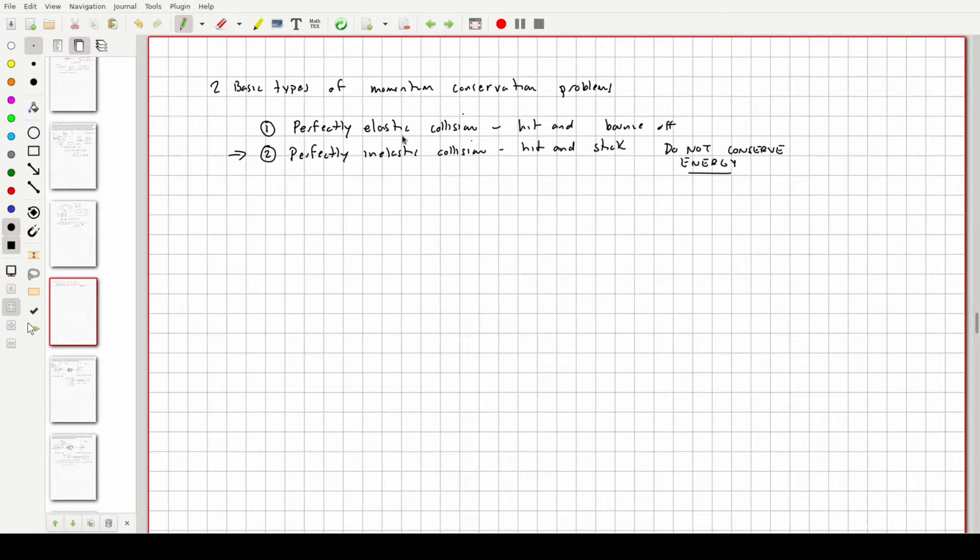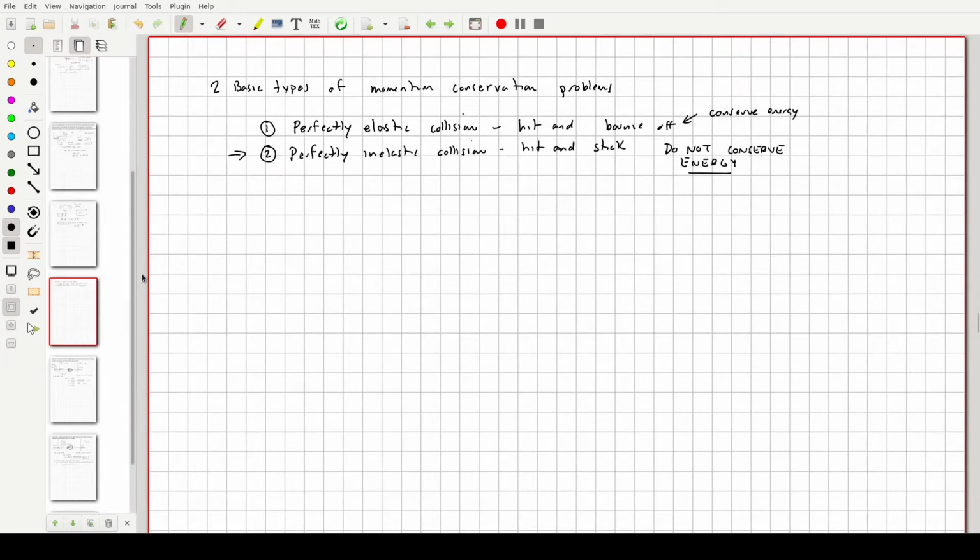Now, in an elastic collision, during the collision, things don't deform, presumably. And in that situation, they conserve energy. We'll be using this fact next lecture to help us look at simple one-dimensional collisions. And then we'll extend it to two-dimensional collisions. We're going to need it.